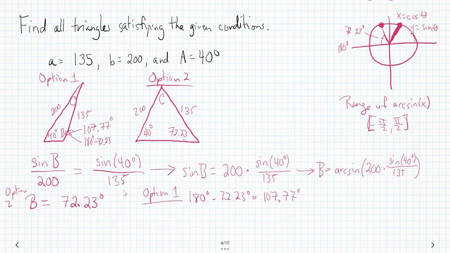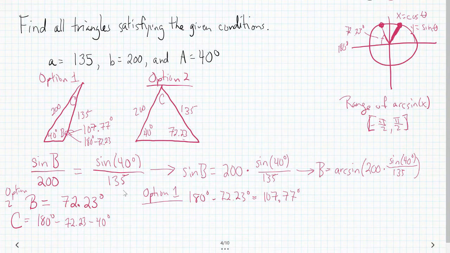We're in good shape. We can figure out C in either case. So in option 2, the angle C should equal, you take the 180 degrees, you're going to subtract 72.23, right, which we already actually know that value. And then we got to also subtract off the 40 degrees, right?